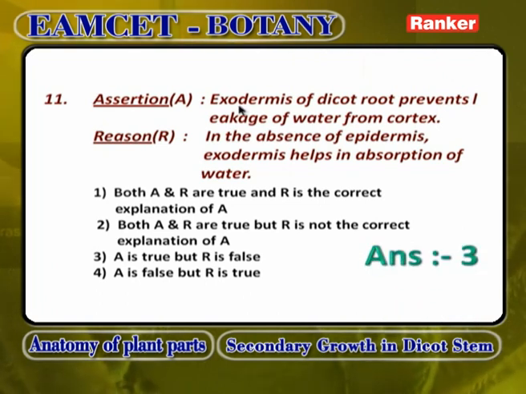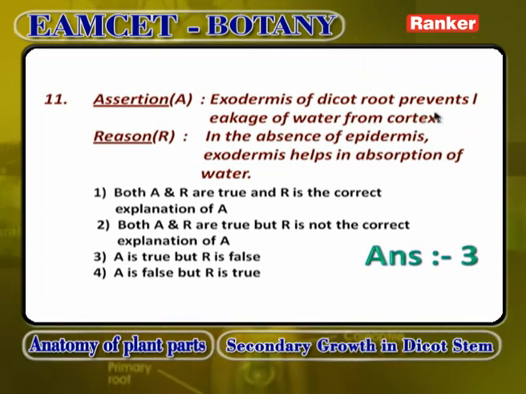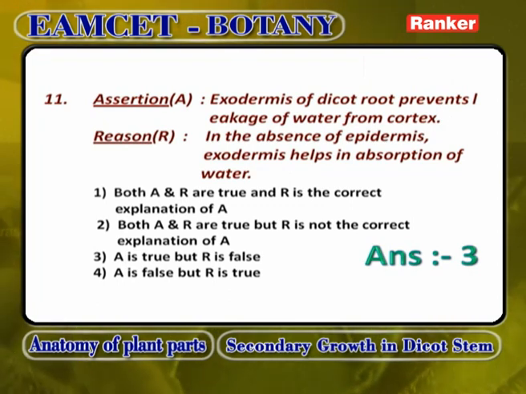Assertion: Exodermis of a dicot root prevents the leakage of water from the cortex. Exodermis is made of suberized cells. It not only gives mechanical support but also prevents excessive loss of water.